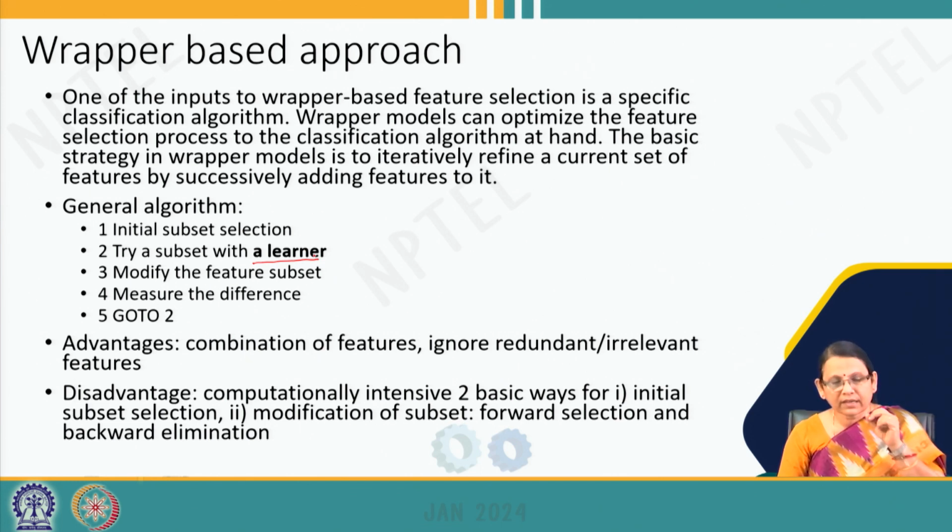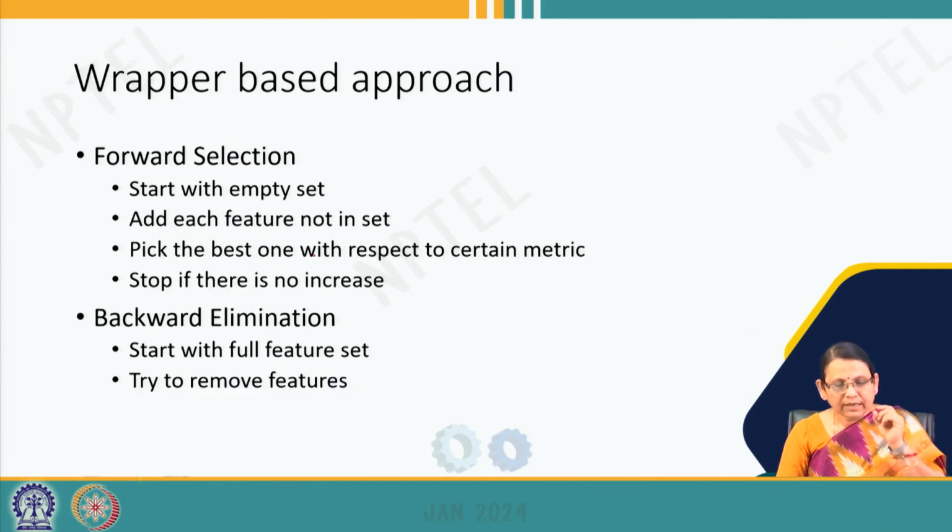Now, this computational complexity can be managed in 2 ways: forward subset selection and backward elimination. In case of forward selection, you start with an empty set.